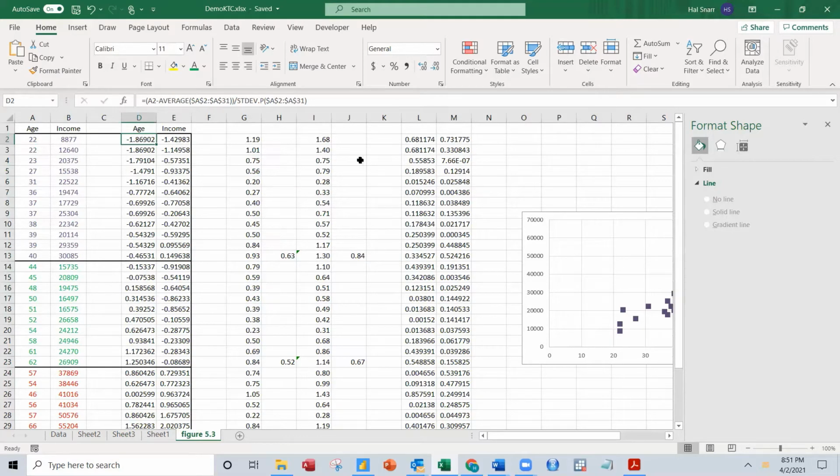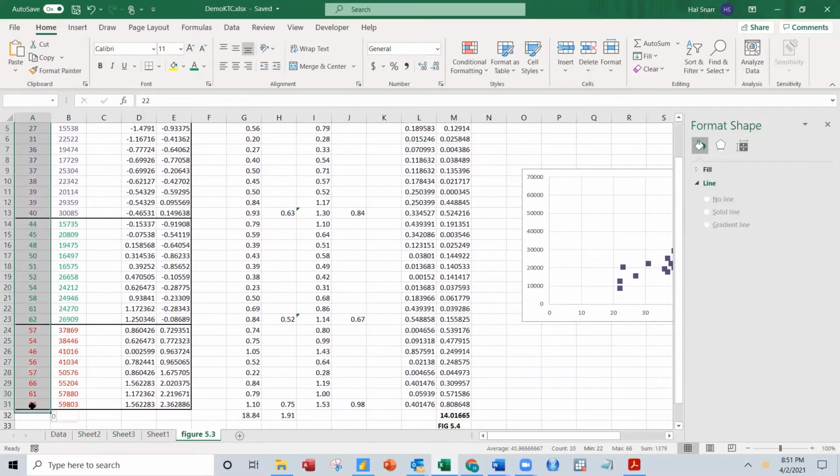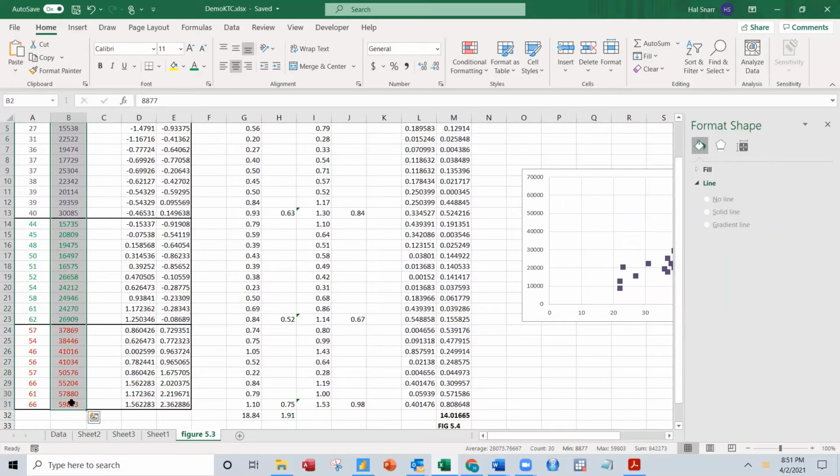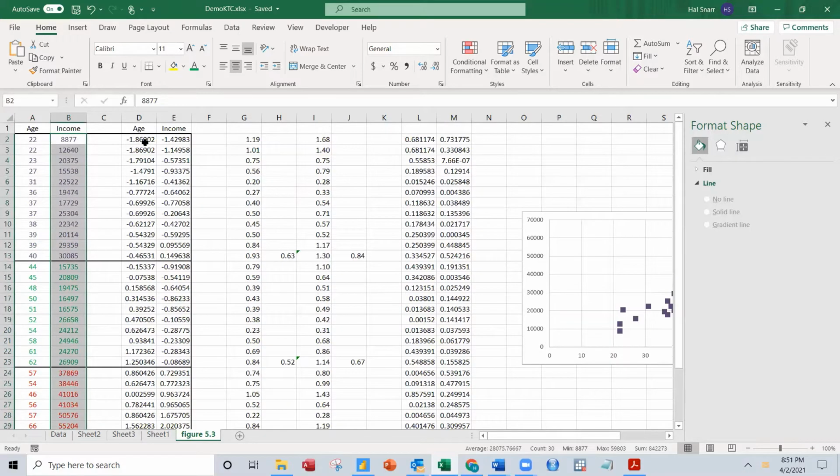Well, what we do is we calculate the mean of the entire column. And that mean is what? 46, right? And the mean of this column is what? 28,000. This is called standardizing, right?